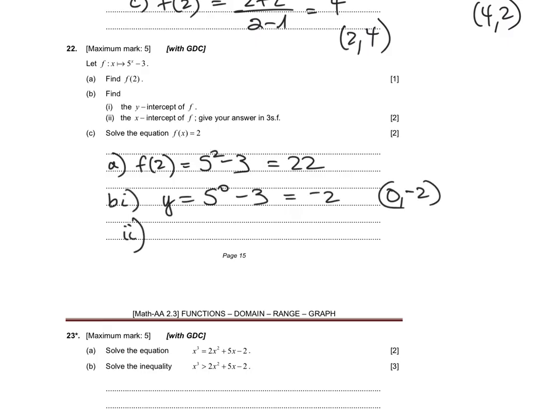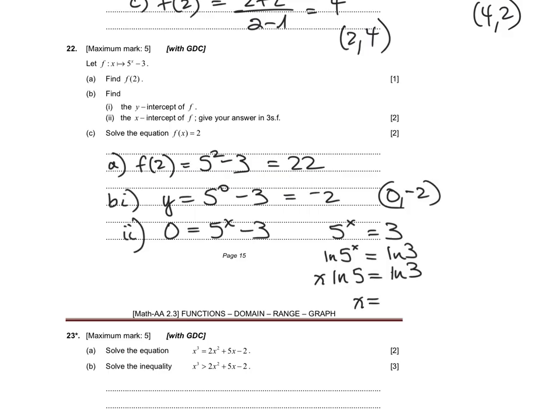Double i is when we have the x-intercept, so 0 equals 5 to the x minus 3. You can do this with nsolve. I'm going to warm us up for logs. So we're going to have 5 to the x equals 3. If we do the natural log of both sides, the x drops down.